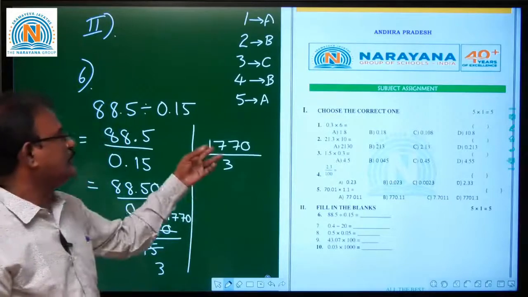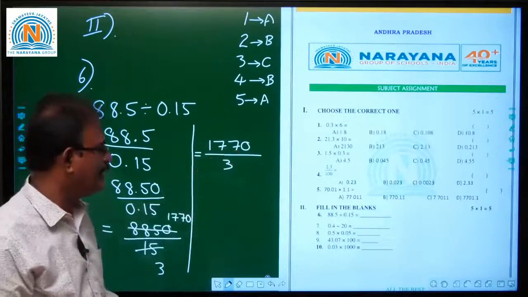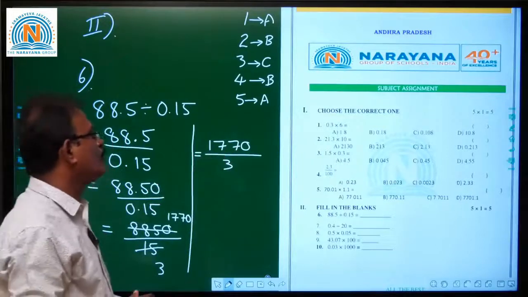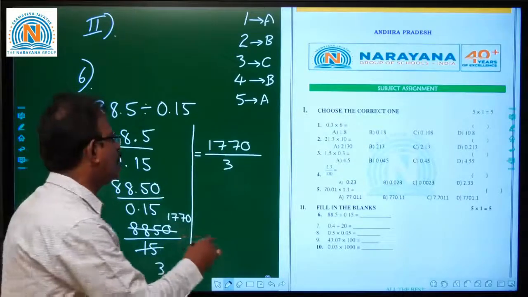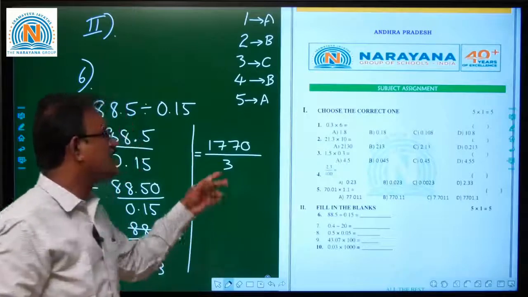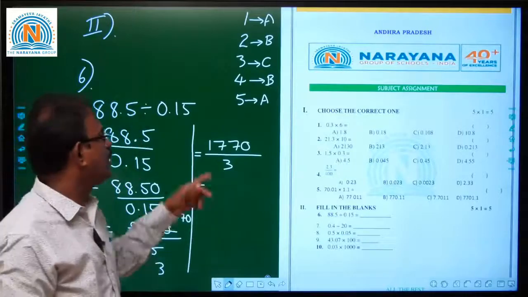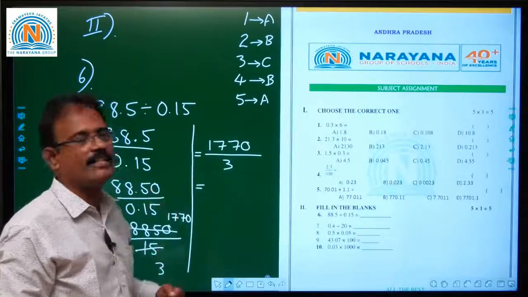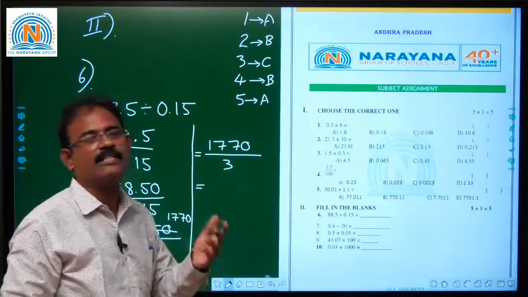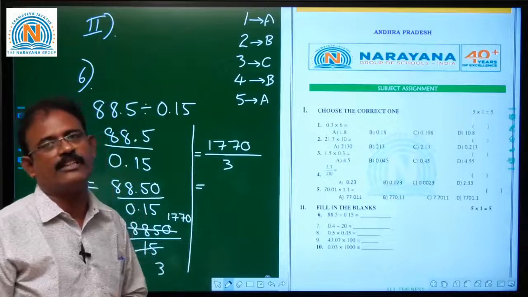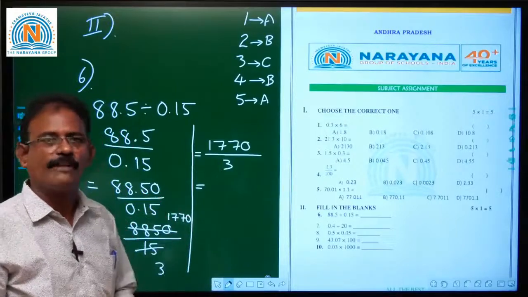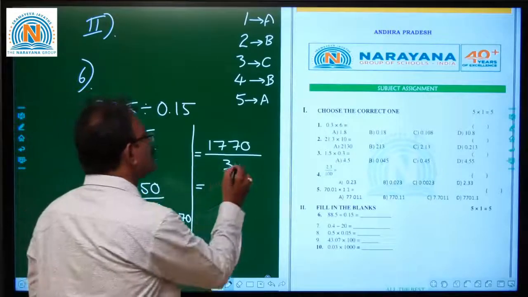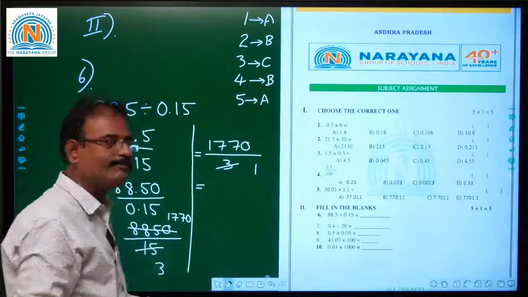Okay, so this is 1770 by 3. Again, let us recall the tests of divisibility. So 3 cancelling 3 easily, and let us observe the numerator. Let us recall the divisibility of 3. Sum of the digits: 1 plus 7 is 8, 8 plus 7 is 15, 15 plus 0 is 15. So 15 is divisible by 3. So 3 cancelling 3 how many times? 1 time.